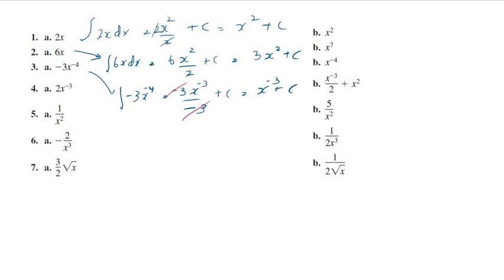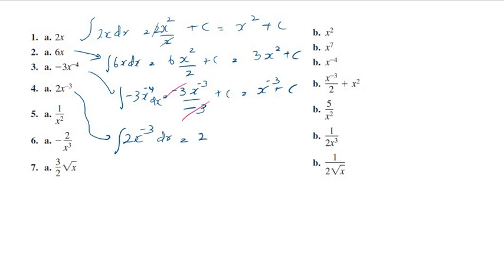So let me do this question next. Integral, antiderivative, integral 2x to the power minus 3 dx. This needs a dx as well. So here we add 1 and divide it by the value.